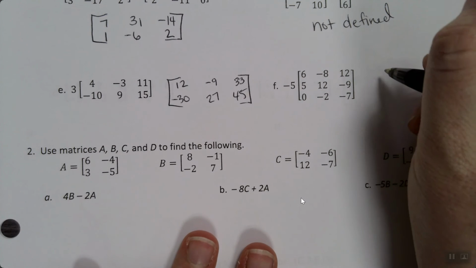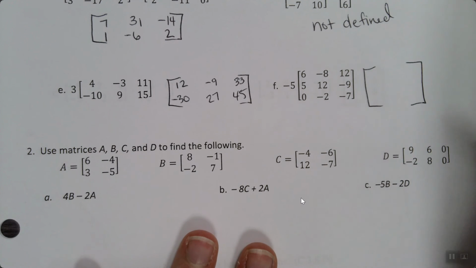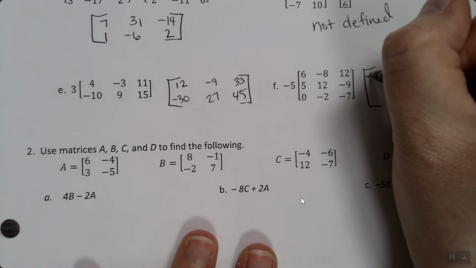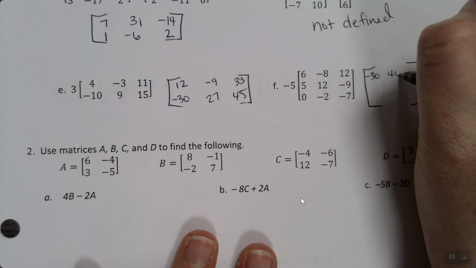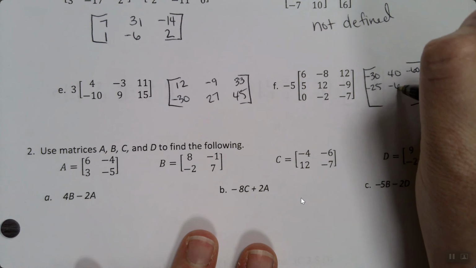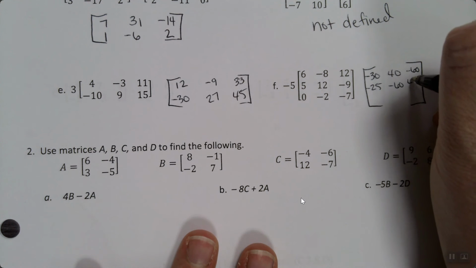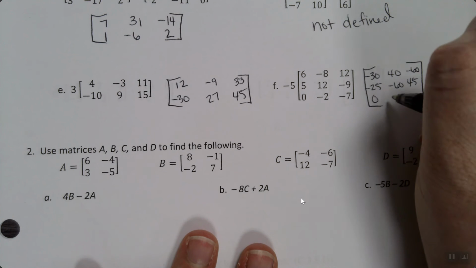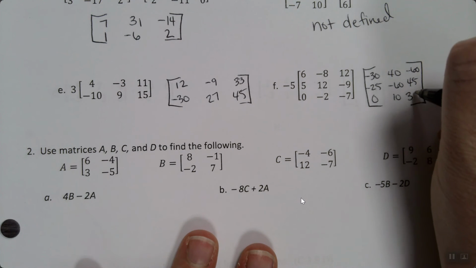Remember to multiply every value. I'm going to do it again with this matrix. It's a 3 by 3. Negative 30, 40, negative 60, negative 25, negative 60, 45, 0, 10, and 35.